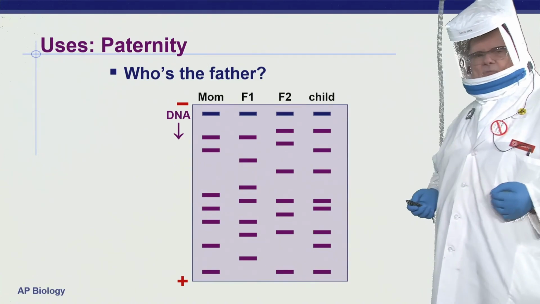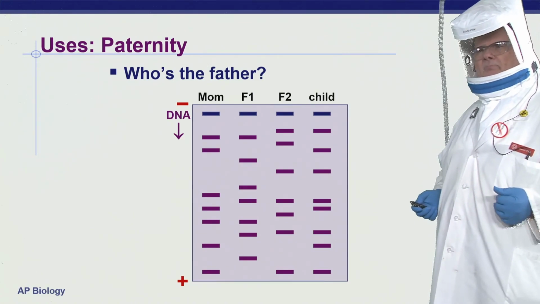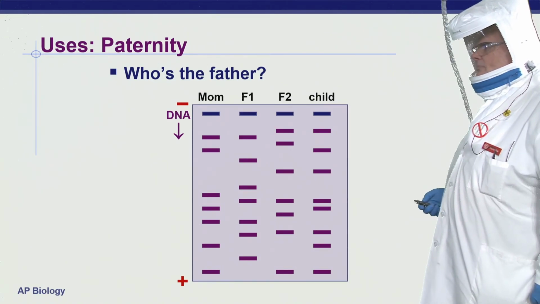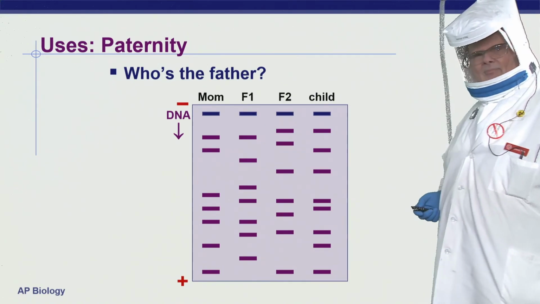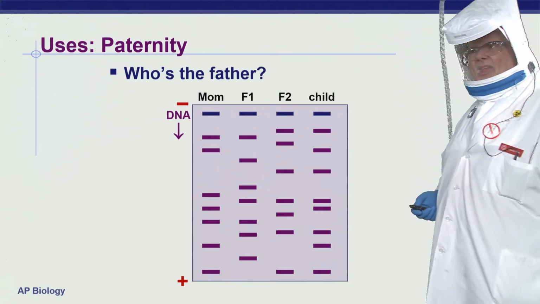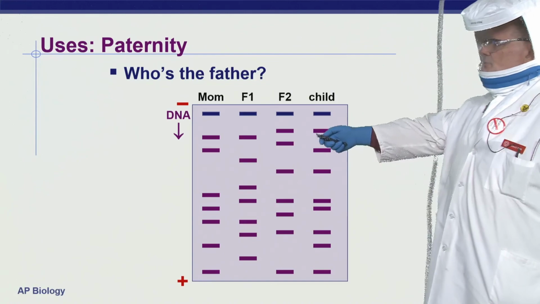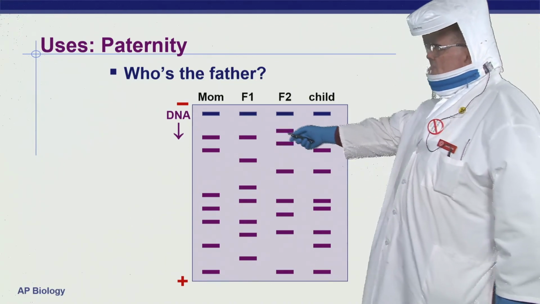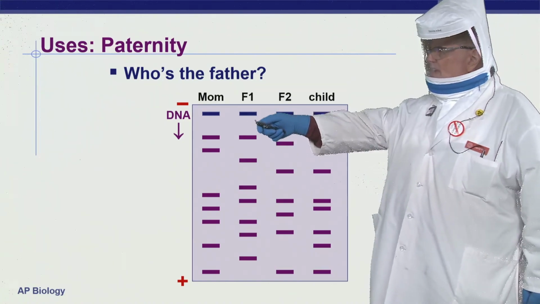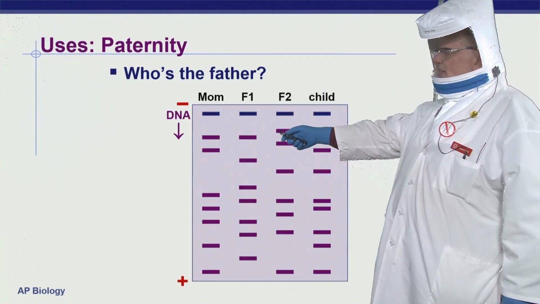Who's the father, F1 or F2? F2. Number 2. Was that F2? Yep, F2. Okay. Yes, right here, you see, this piece of DNA in the child is not found in the mother's DNA, but it is found in F2.